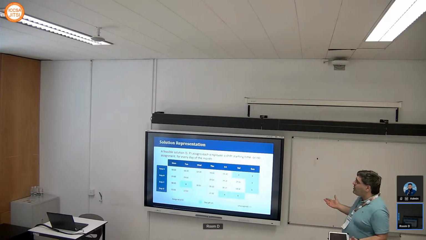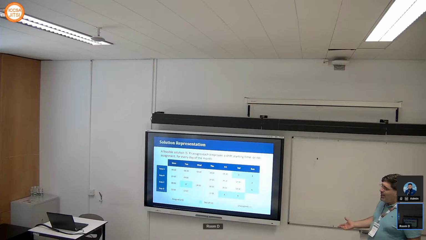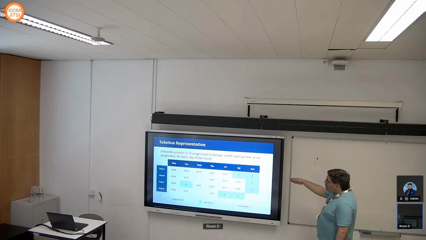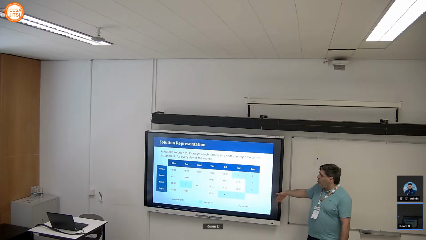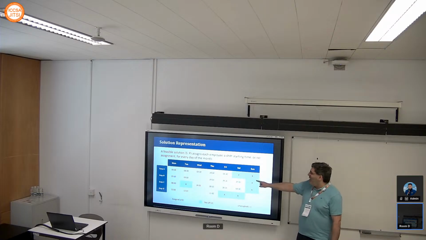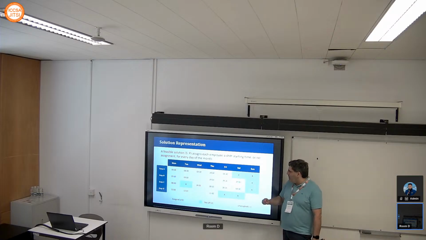Here is a solution presentation, to show in an image something I want to say in words. It is a possible schedule. In A, we have an employee that works 5 consecutive days, not years, and rests on Saturday and Sunday.